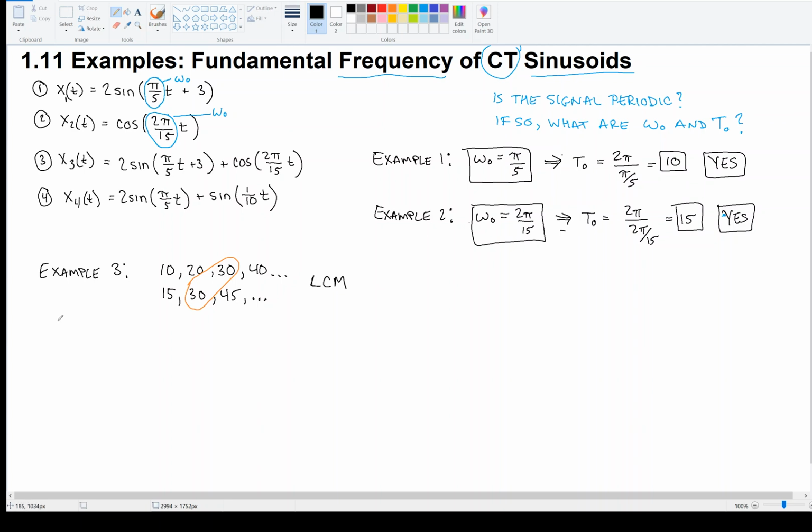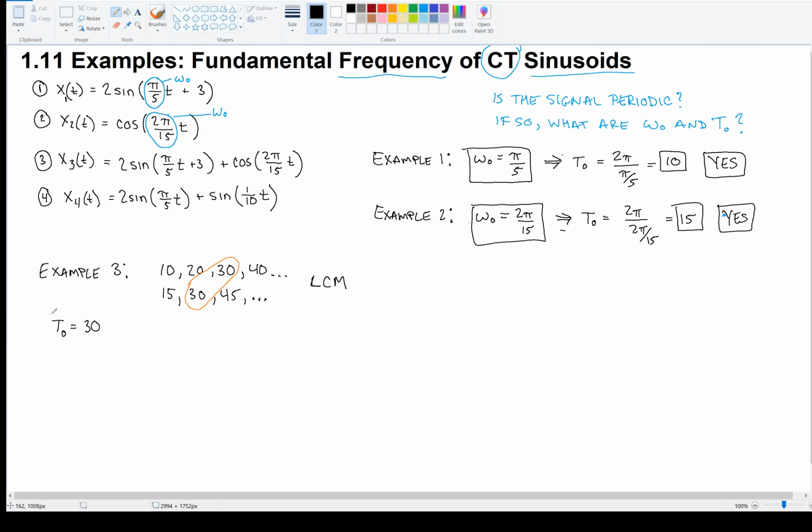So for example 3, we would say that the fundamental period is 30. Now, what did that entail? Let's say you were just given problem 3. You'd have to inspect the first component alone and get the fundamental period as 10, inspect the second component alone and get the fundamental period as 15, then find the least common multiple as 30.